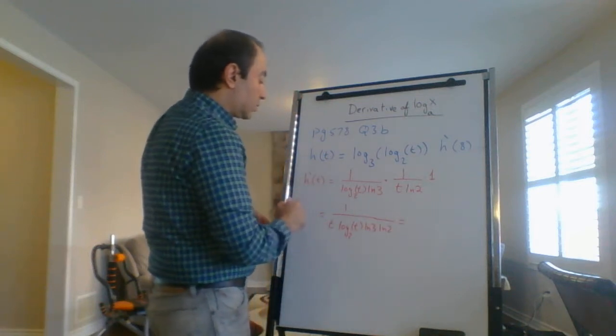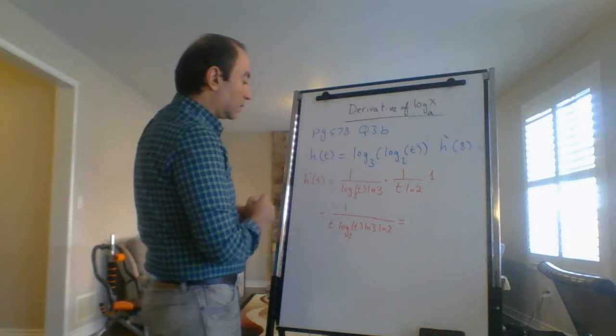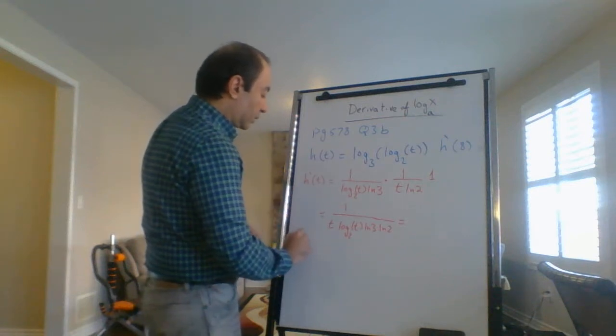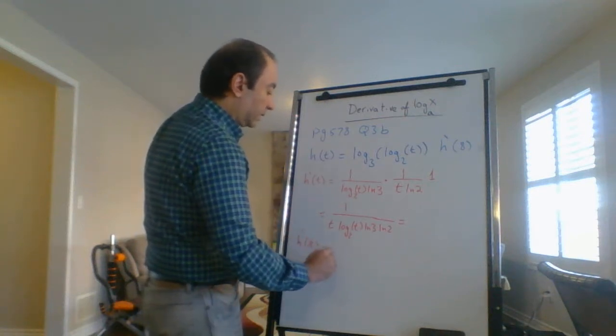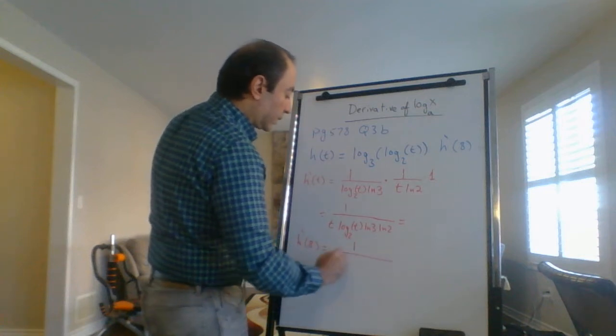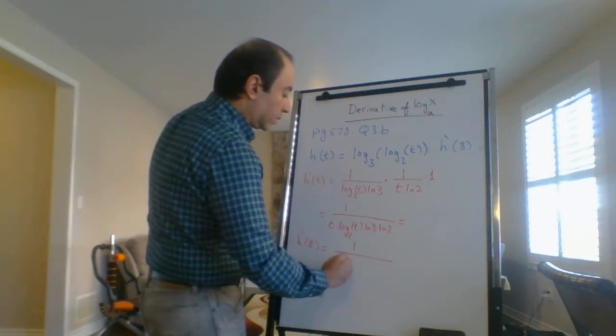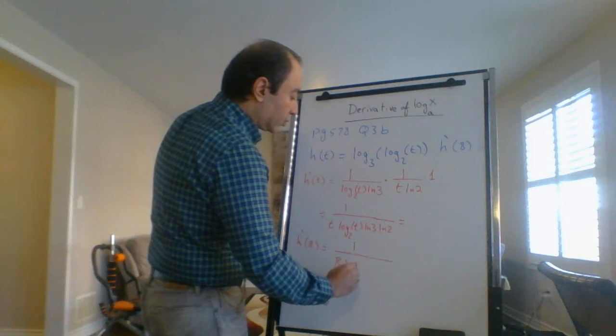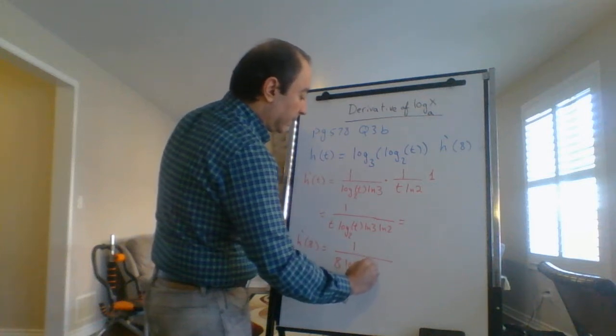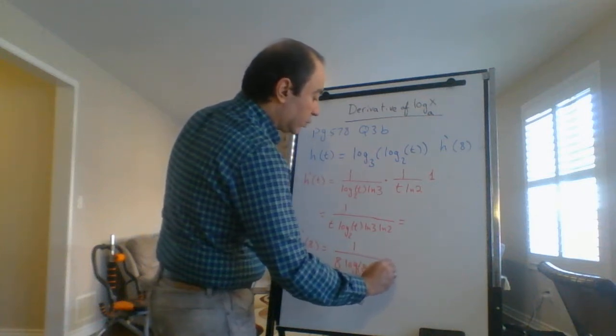Then I will substitute with 8 because I need to find h prime of 8, and that will be 1 over 8 log base 2 of 8 ln 3 ln 2.